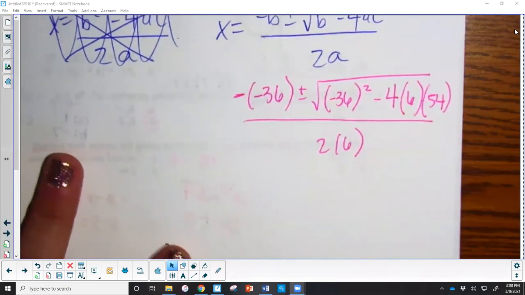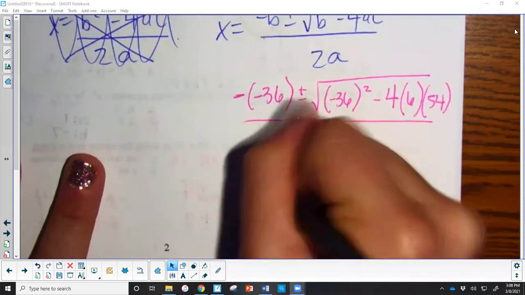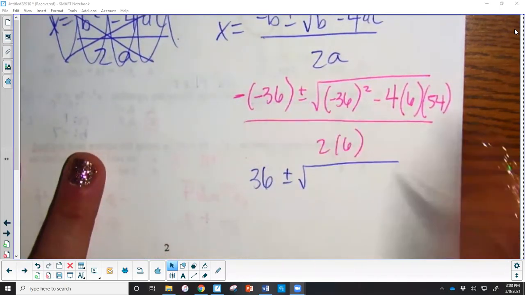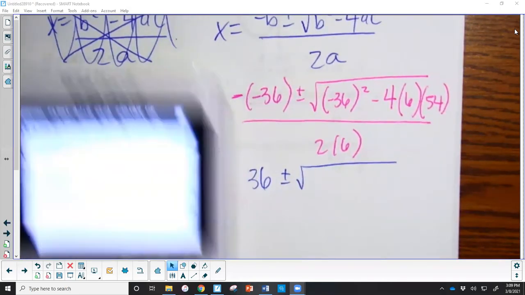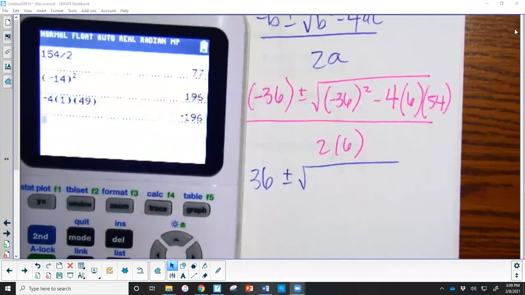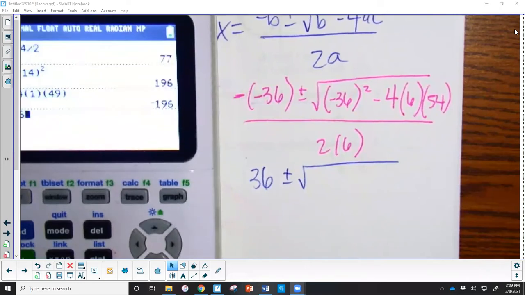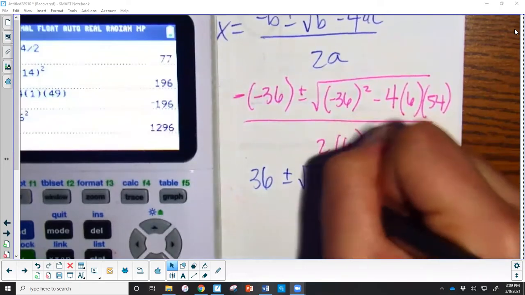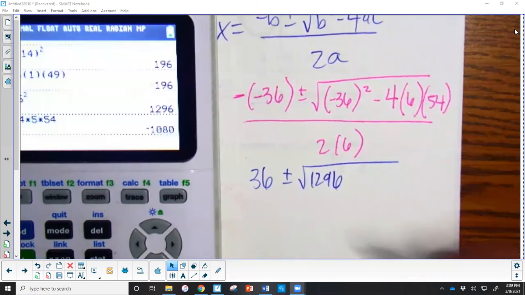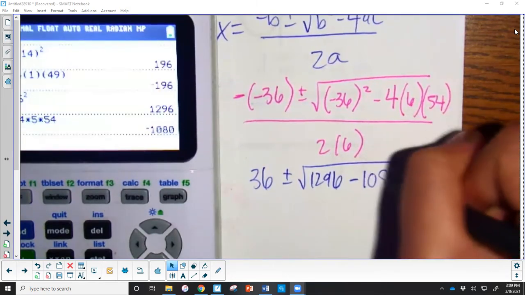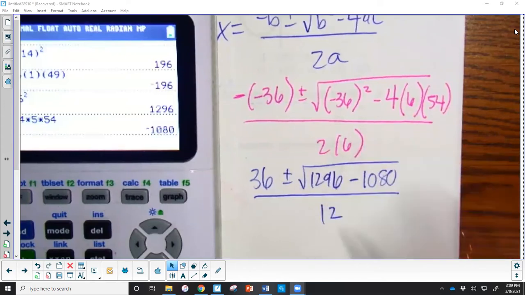All we're going to do is plug this into the calculator, okay? 36 plus or minus the square root. I don't know negative 36 squared, so I'm going to type it in. I'm going to type in 36 squared. Woo, that's a big number. Negative 4 times 6 times 54. Negative 1080, all over 12.